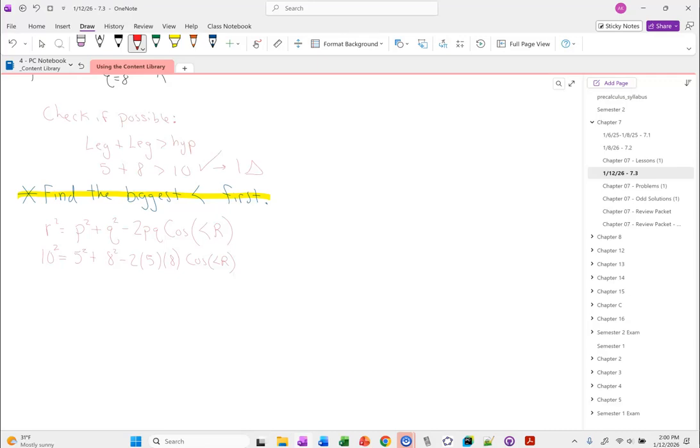Everybody look good as to how I filled this in? Okay. The number one place where students make mistakes on this problem, even when they're following the order, is they mess up the order of operations here.